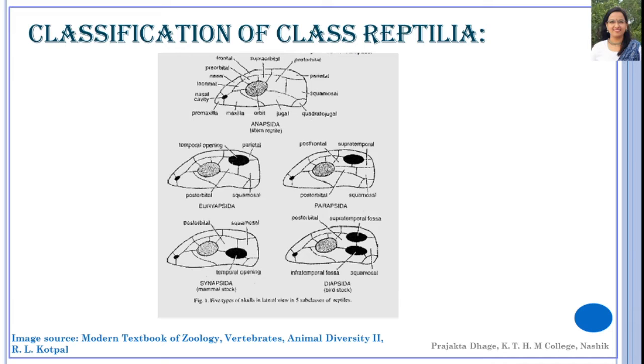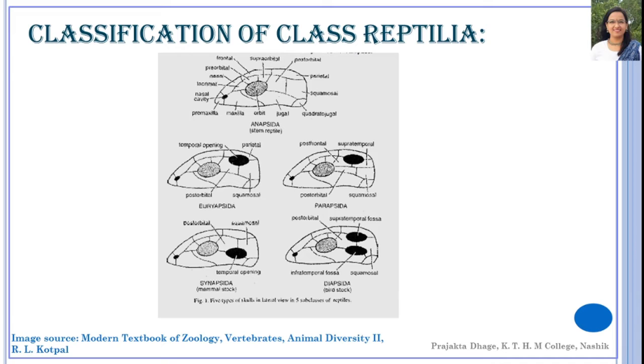Anapsida is the one where there is no gap present. If you see here, this black color represents the gaps or the cavities that are present in the skull. So the first subclass is Anapsida, second is Euryapsida, then you have Parapsida, Synapsida and Diapsida. Now let's see one by one.